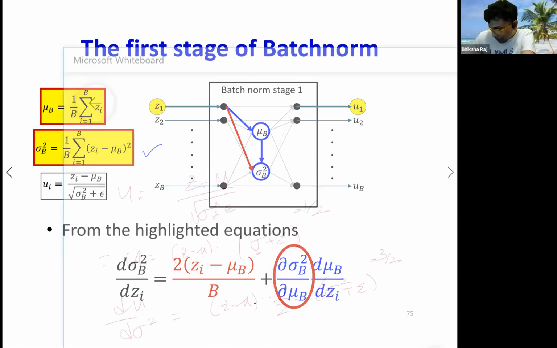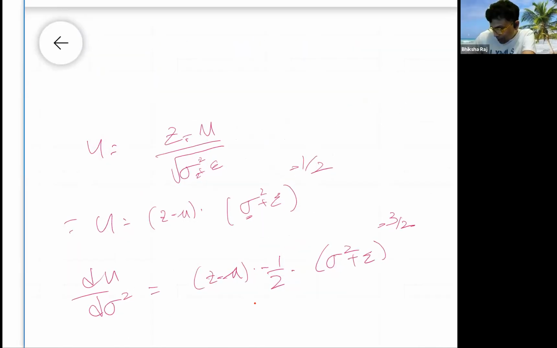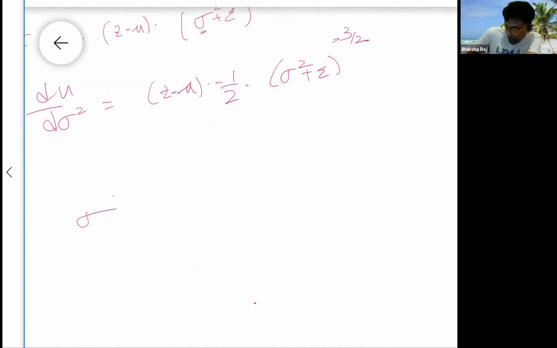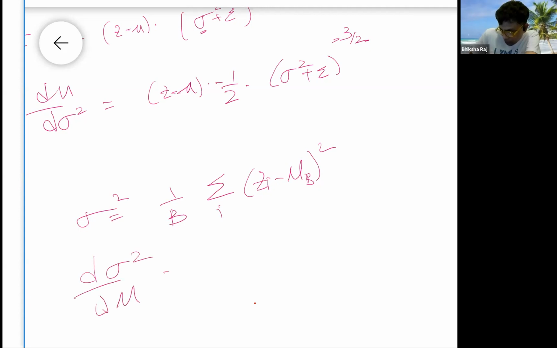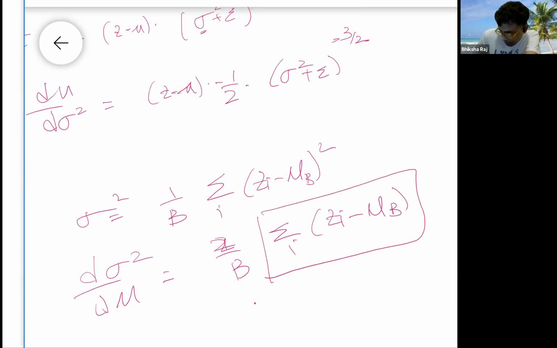Yes, okay, let's work it out, right? Sigma squared equals 1 over B summation over i of (Zi minus mu B) squared, right? So d sigma squared over d mu is going to be 1 over B, 2 over B summation over i of (Zi minus mu B). What is this term?